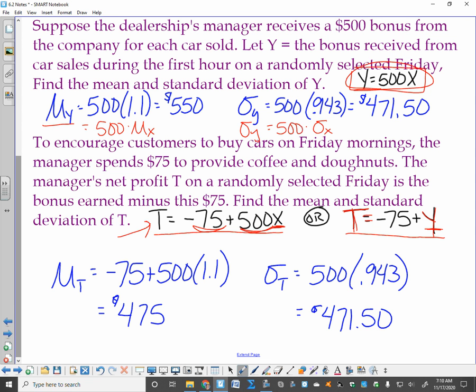I like this one because it shows both in it. I don't have to remember what Y stands for. The 500 is going to affect the mean and the standard deviation. The minus 75 is only going to affect the mean. Okay, so look through what's written in blue and make sure you're good.